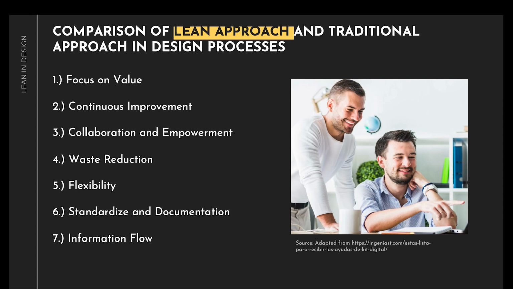Next is collaboration and empowerment. Lean design encourages collaboration among all project stakeholders and empowers team members to make decisions. The traditional approach can sometimes involve silos and hierarchical decision making.